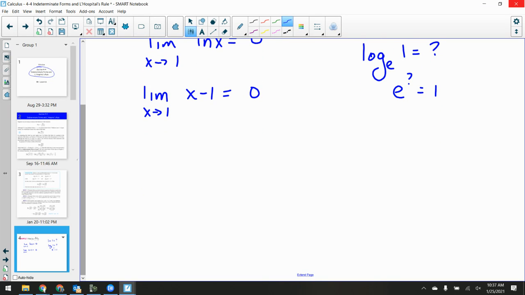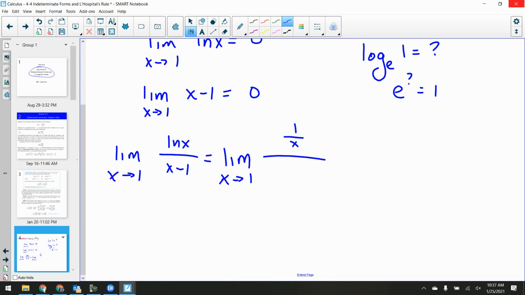So the limit as x approaches 1 of ln of x over x minus 1 is equal to the limit as x approaches 1 of the derivatives. Well, what's the derivative of ln of x? 1 over x. What's the derivative of x minus 1? 1. Oh man, that makes it a lot easier.